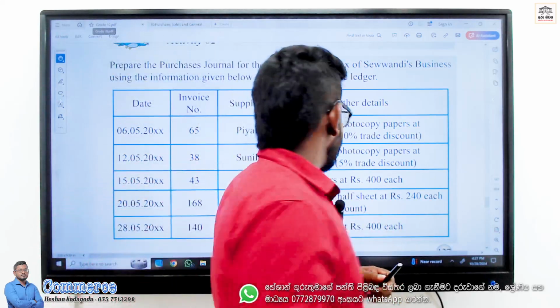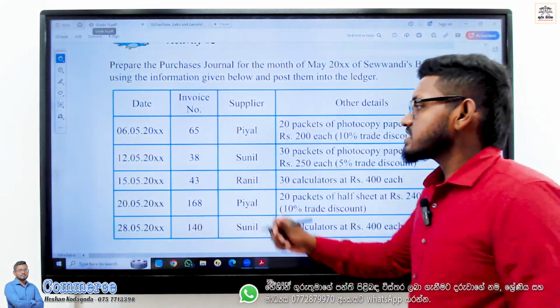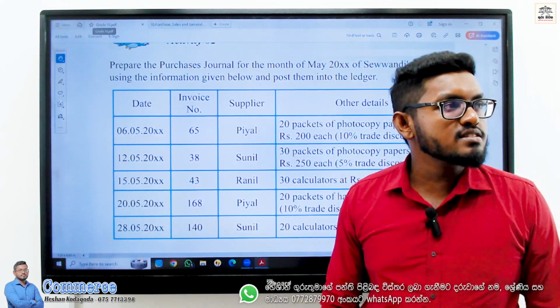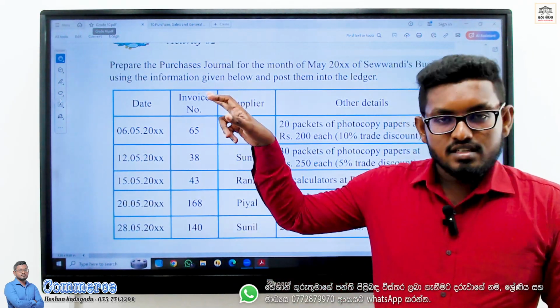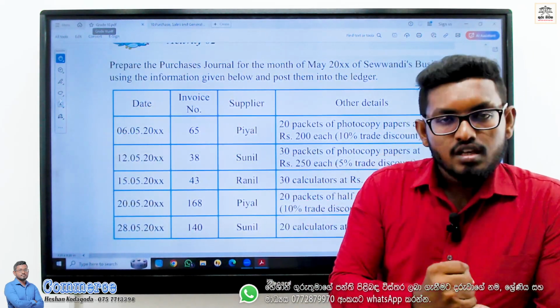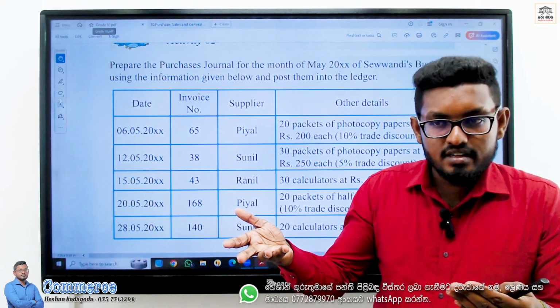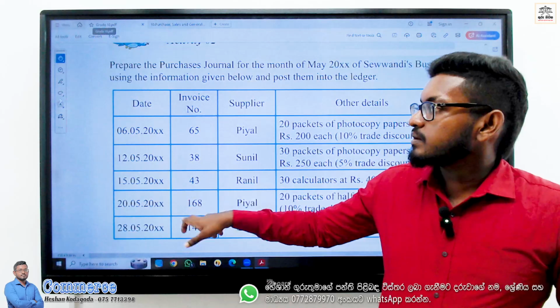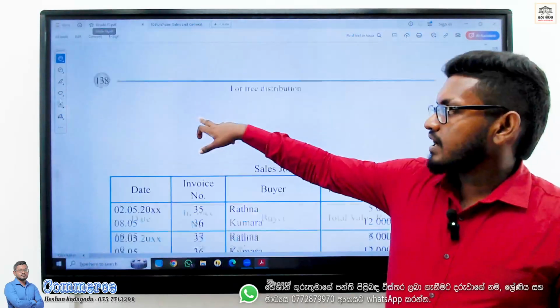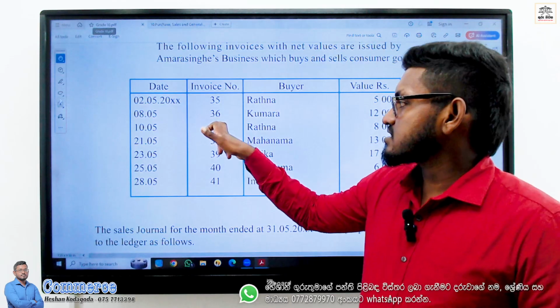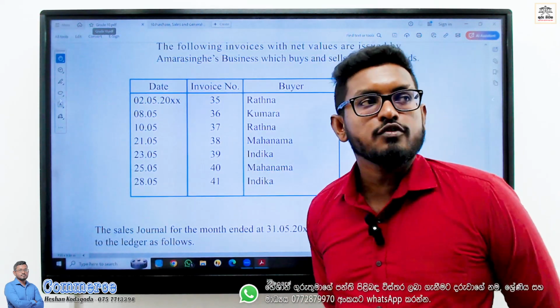Right. Okay. So in here, invoice numbers 65, 38, 43, 168 and 140 mean these are the sales invoices and we are not preparing them again as purchase invoices. Understand? We take the same number. But here you can see an order 35, 36, 37, 38, 39, 40, 41.